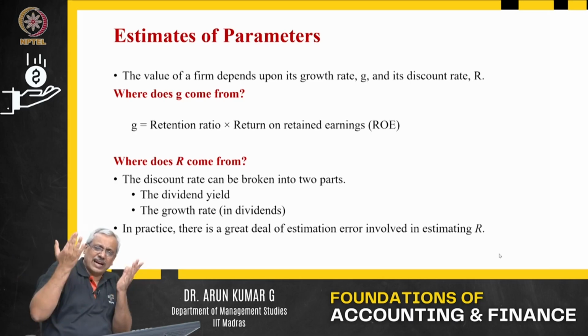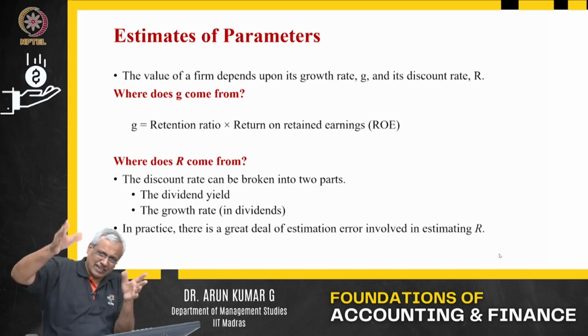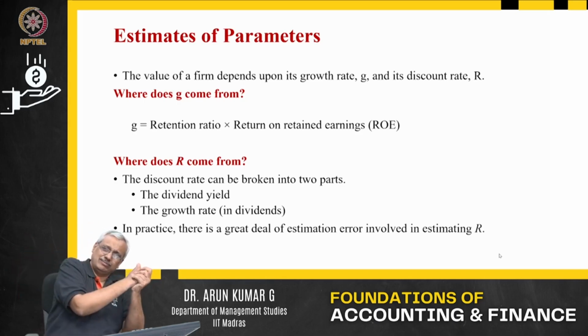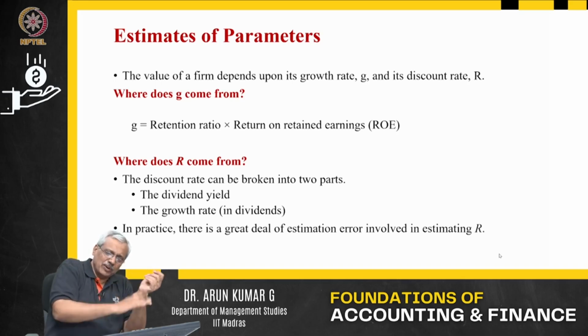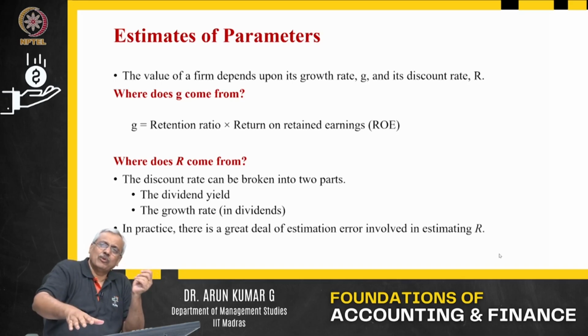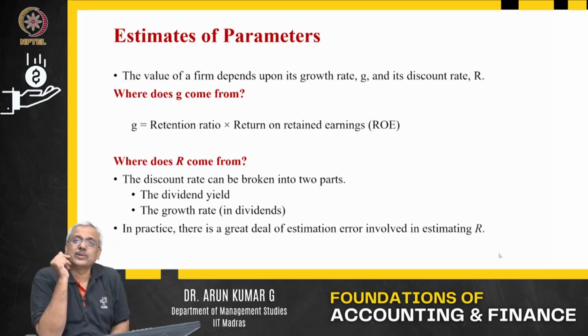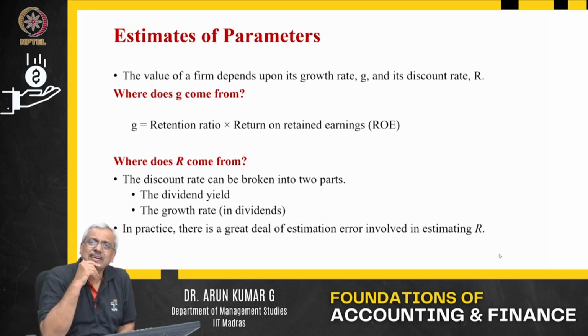Microsoft, at some stage some years back, said 100% is retention. I am not going to distribute anything, I am going to keep on reinvesting because there is a need for more and more investment. Naturally, that money you are retaining is assumed to earn the same required return on retained earnings, or it can be a differential rate.